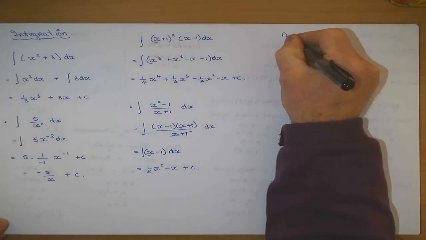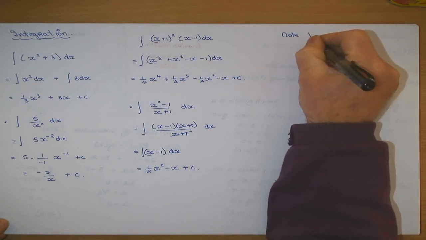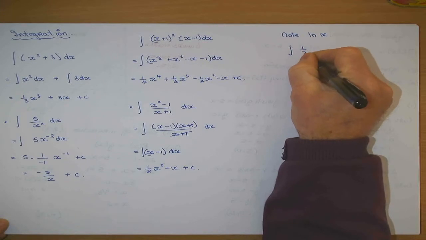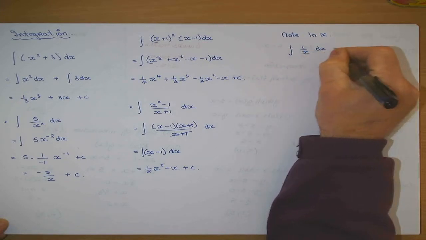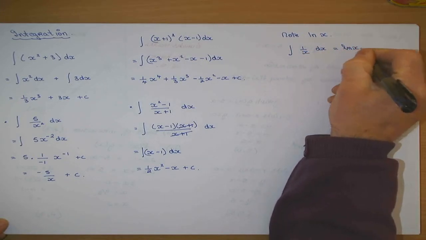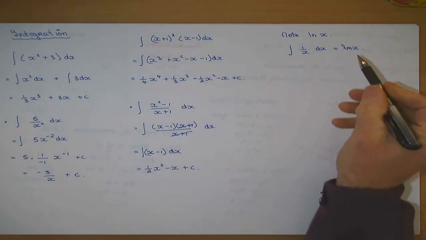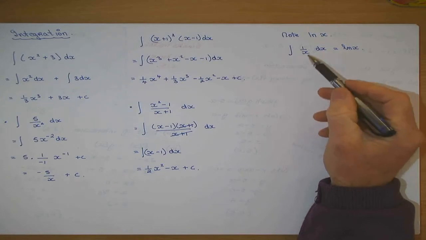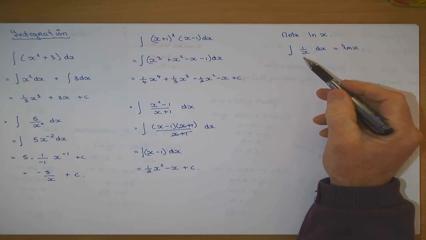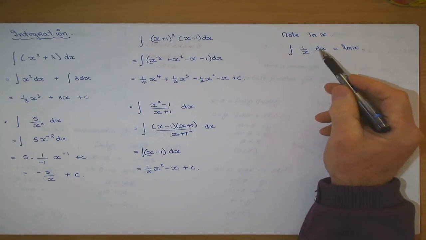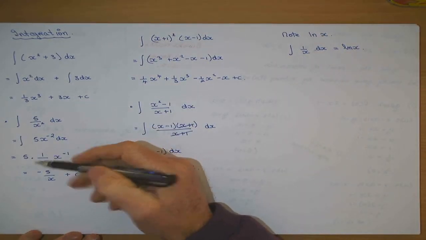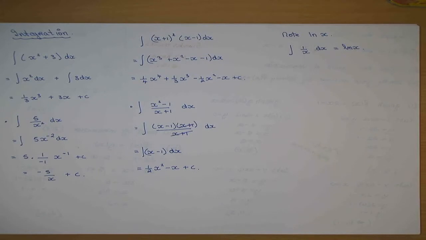Finally, a special note on log x. If I have the integral of 1 over x dx, it is log of x, because when I differentiate log x, what do I get? 1 over x. Yesterday I showed you how the integral of x to the minus 1 using this method gave division by 0, which is undefined mathematically.